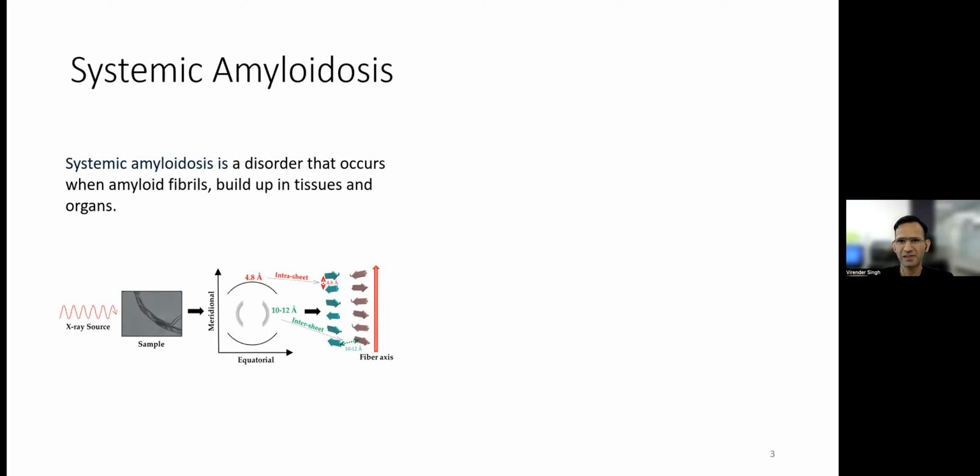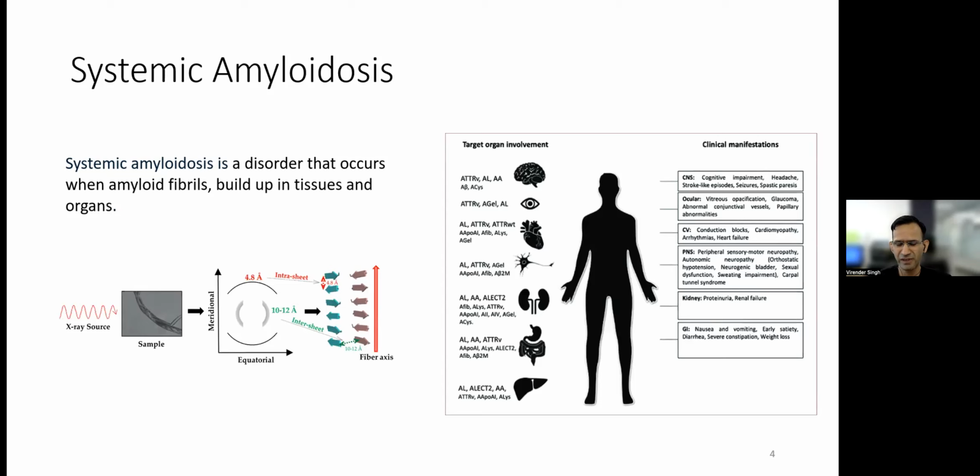When it comes to systemic amyloidosis, there are more than 20 diseases which are linked to the buildup of amyloids in different organs. Based on the protein, different organs are affected. It could affect the heart, which is very common in light chain amyloidosis and ATTR amyloidosis.